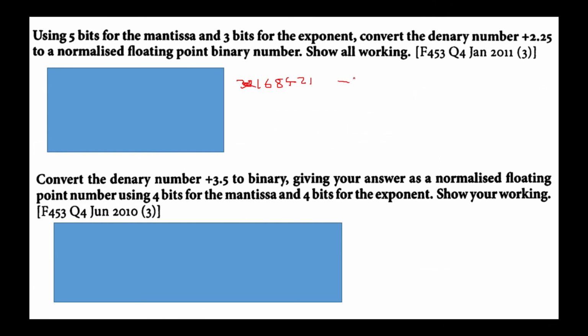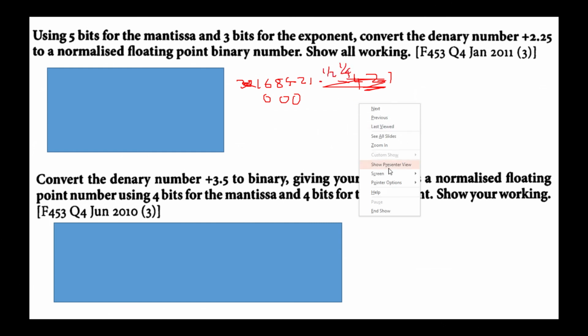Then there's the -4, 2, then 1. I'm just going to quickly do it so you can see how I'll work it out. So 0, 0, 0... oh wait, no, it's not like that, is it? It's the point, half, then quarter.